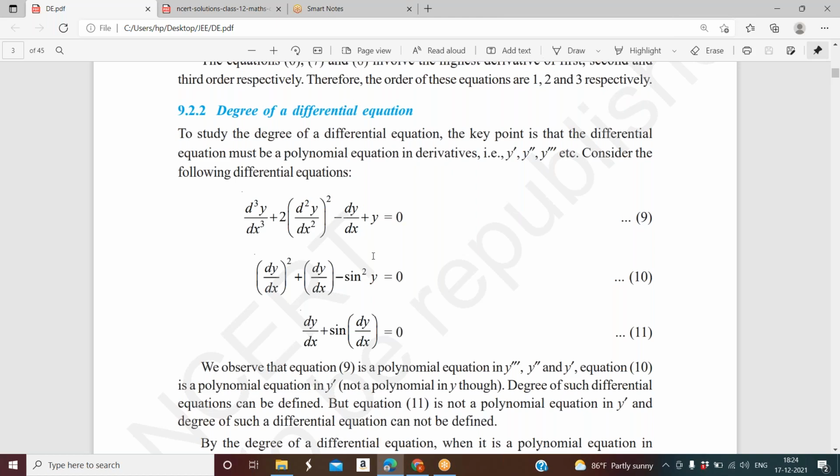Equation 9 is d cube y by dx cube plus 2 times d square y by dx square the whole square minus dy by dx plus y equal to 0.